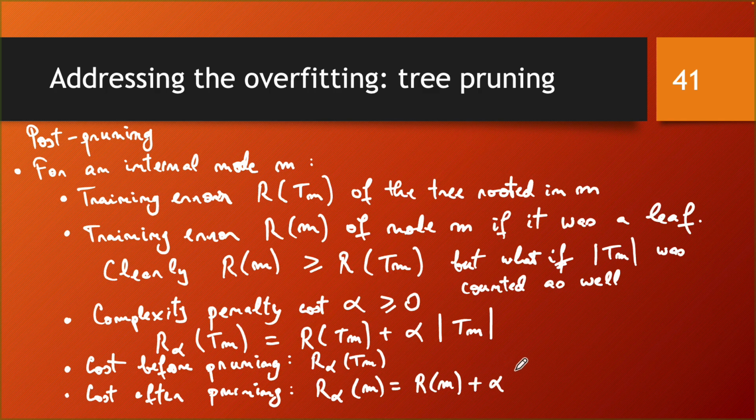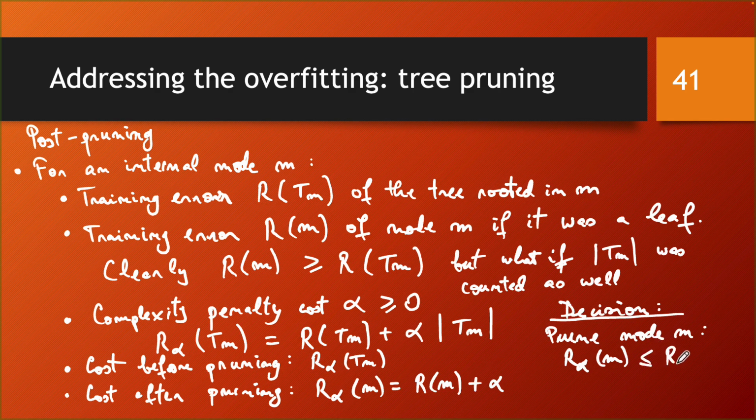And so your decision is going to be: prune node M if you have a benefit out of this. So in other words, just prune it if the cost after pruning is smaller than the cost before pruning.